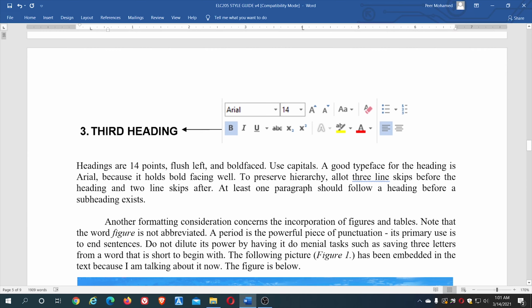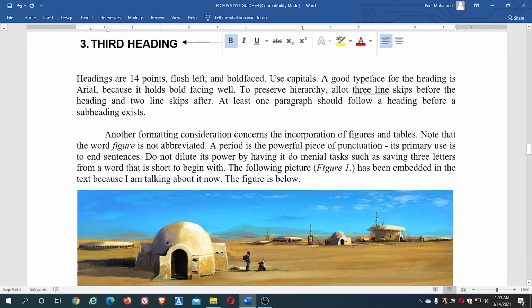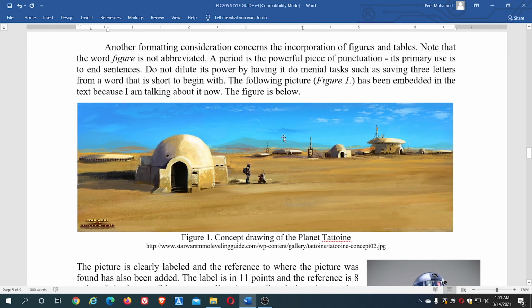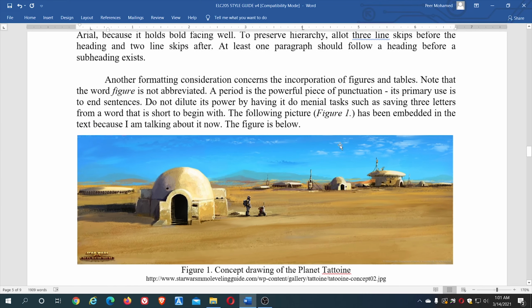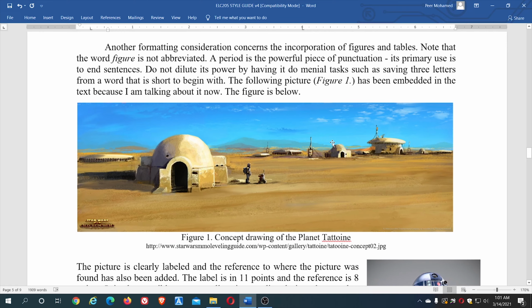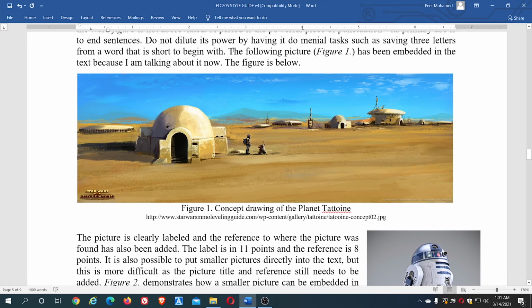So this is the main heading of the third chapter. The font is Arial, font size 14 and bold. And you can see there is a picture used here in chapter 3. So whenever you are using a picture, you mention in the text the following picture, figure 1. Figure 1 means picture 1.